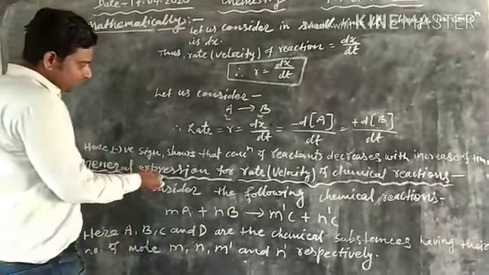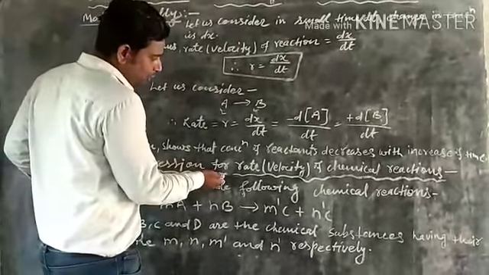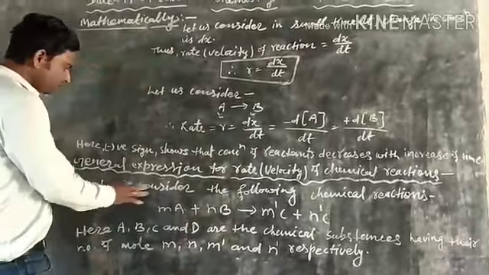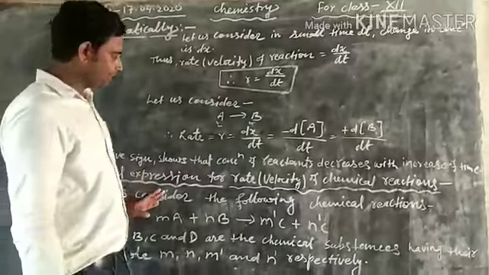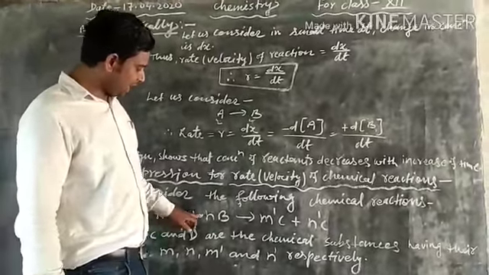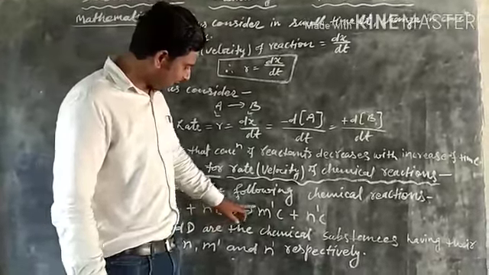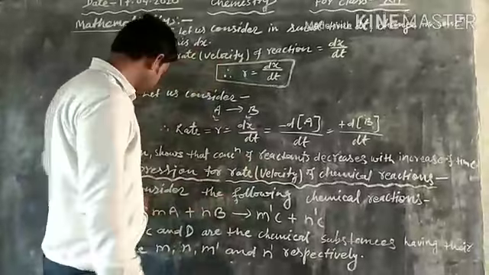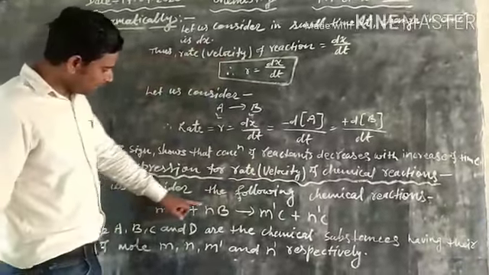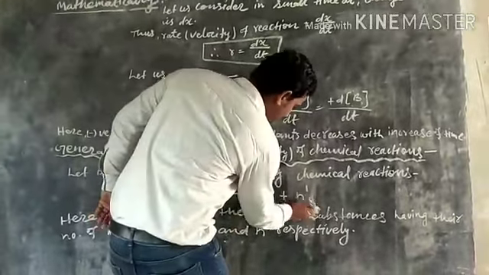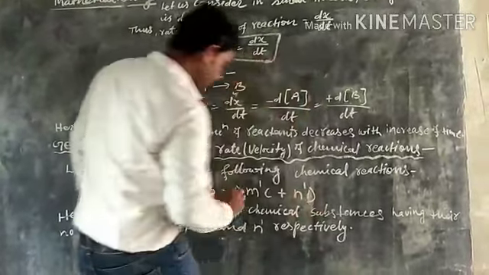Now the general expression for rate or velocity of chemical reactions. Let us consider the following chemical reaction: mA plus nB gives m'C plus n'D.